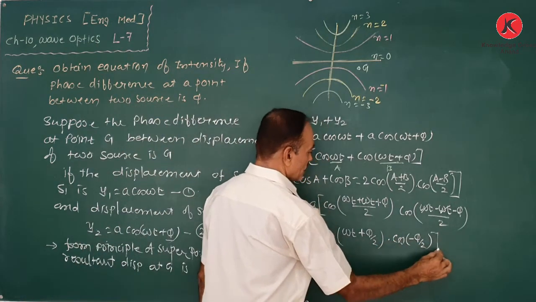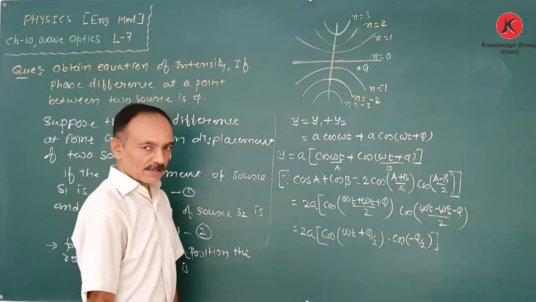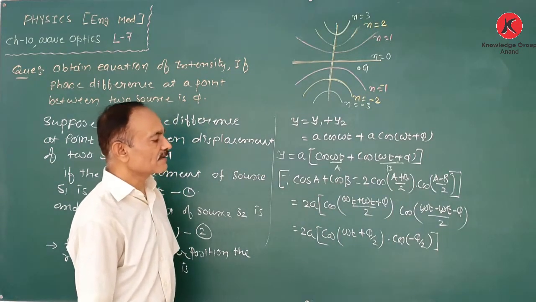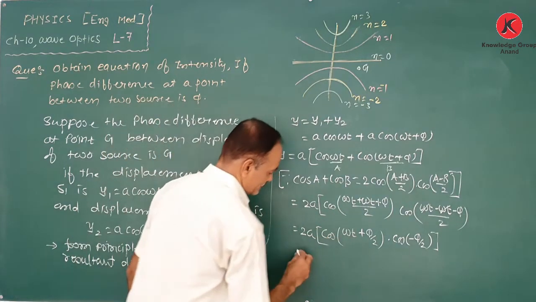Now we know that cos minus theta is equal to cos theta.